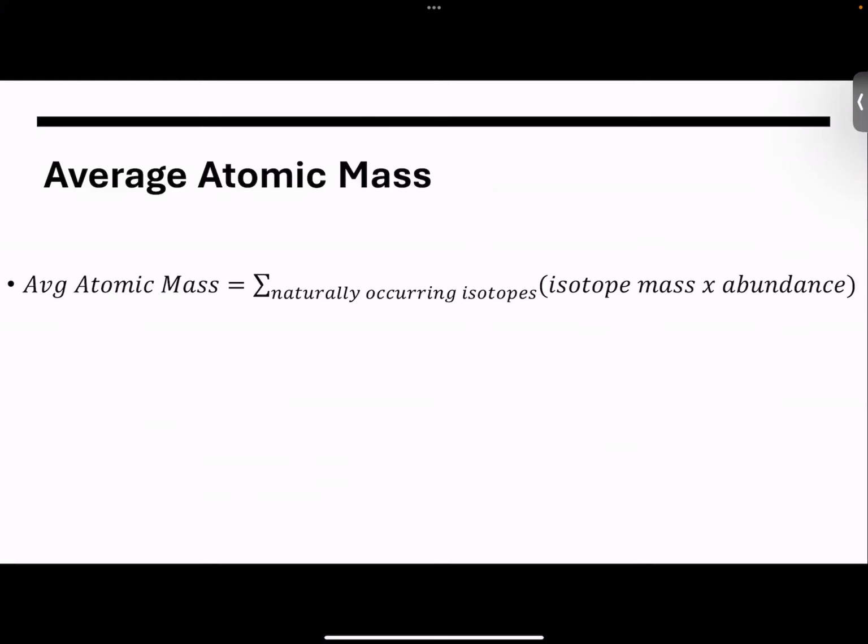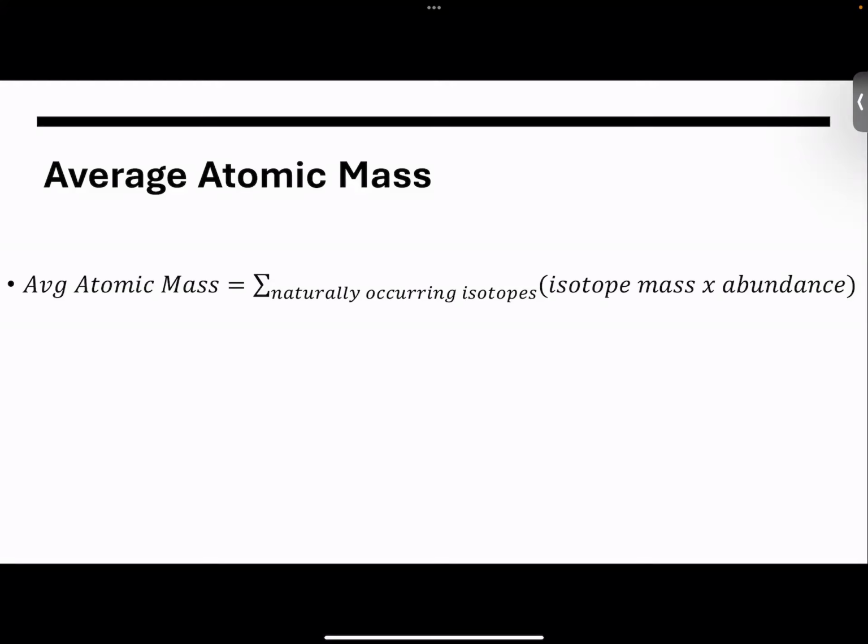It can be calculated as the average atomic mass is equal to the sum, for all naturally occurring isotopes, of the isotope mass times its abundance. Notice I say abundance, not percent abundance. A lot of times we record percent abundances and we have to take it out of the percentage and put it into strictly abundance to be able to put it into this calculation.